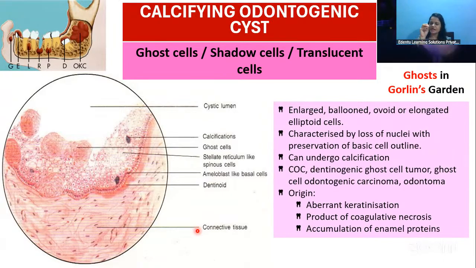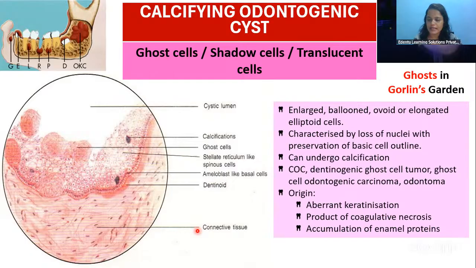No nucleus inside it, but the outer periphery of the cell is maintained as such. Okay, so that's why it is called a shadow cell. Okay, nucleus will not be there, organelles will not be there, nothing will be there, but a pink colored big cell with a clear outline will be seen. Okay, so that's why it's also called a shadow cell or translucent cell.